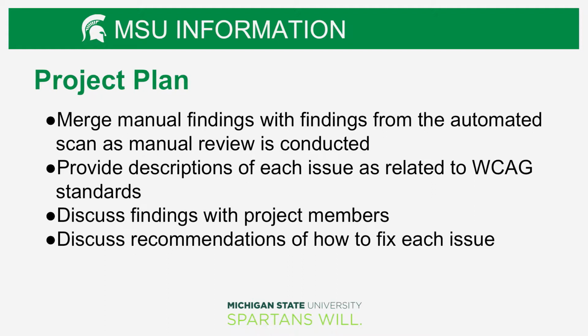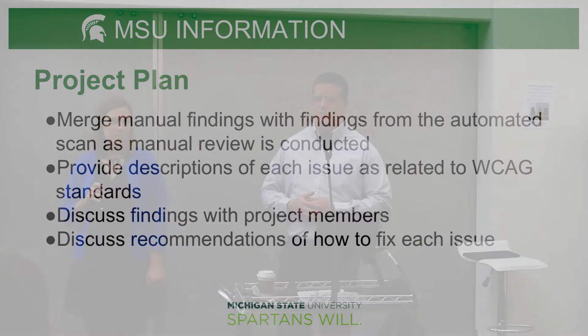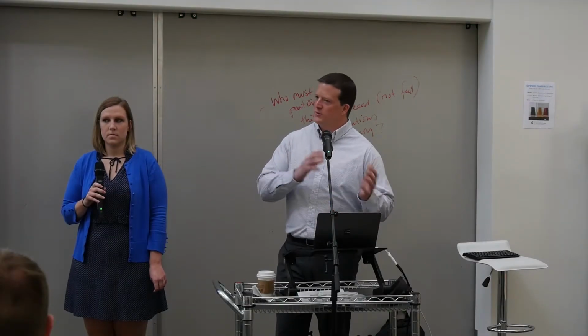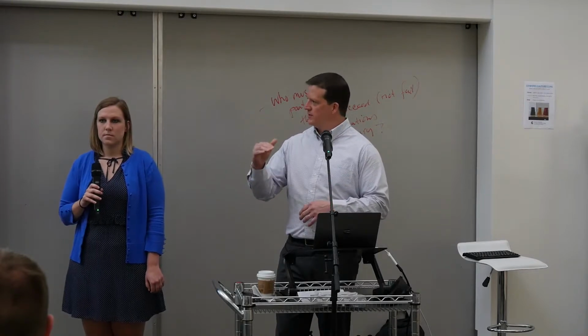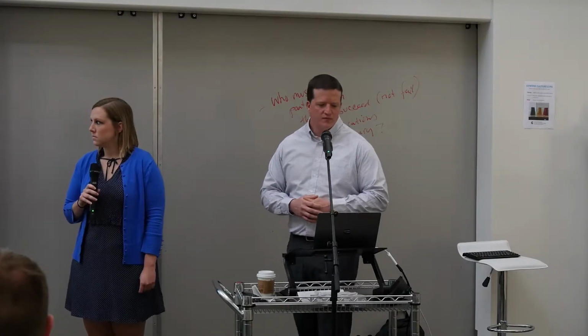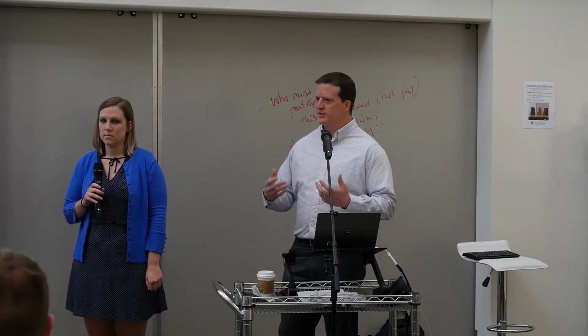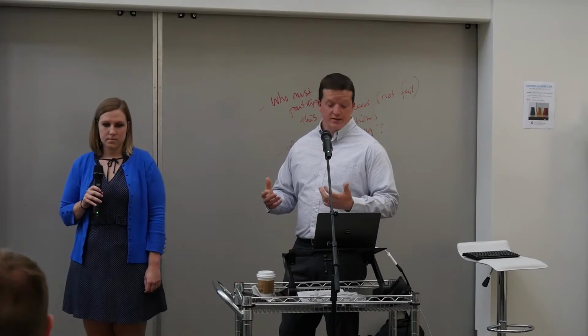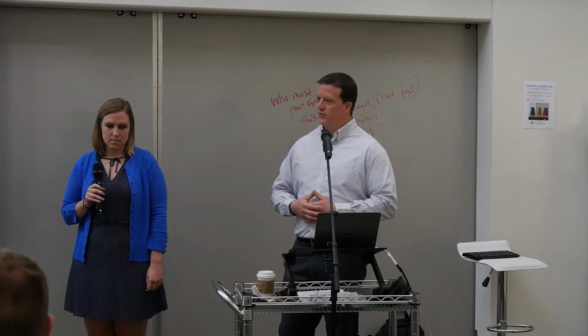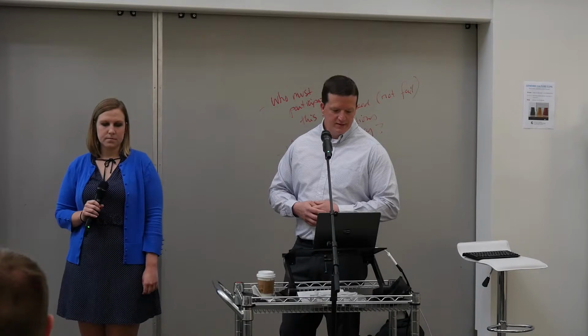We pulled up the web page, we identified what the problem was, and then me being a web developer, I may propose a technical solution to remedy that, and then Phil or someone from Nate's team may say, well, that would work, that could meet the requirement, or that may not do it, but what if we approached it this way? And we moved very quickly and just went down the line. And then your team provided descriptions for each finding and how they relate to the various success criteria within the WCAG 2.0 AA specifications.